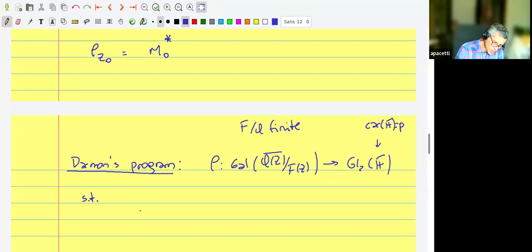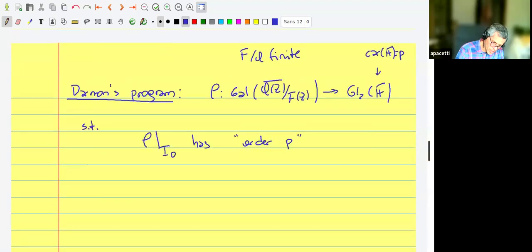Such that when you compute the image of inertia at 0, it has order q. Let me write it down, and then I'll explain where it comes from. At 1 it has order p, and when you look at infinity, it has order r.